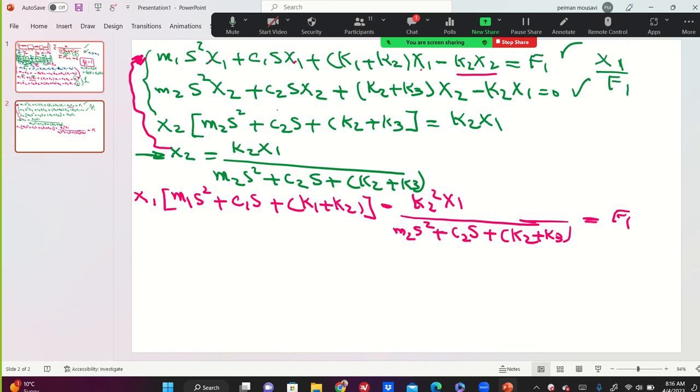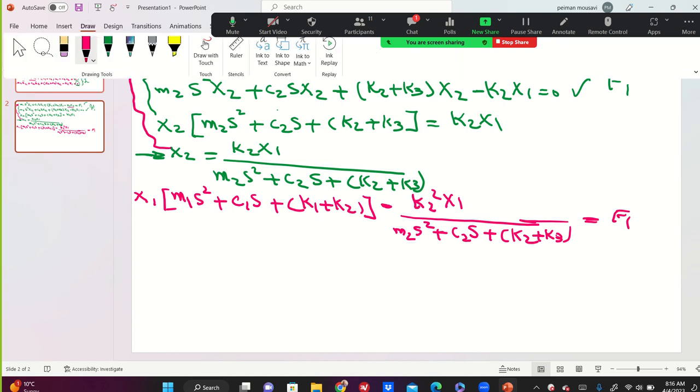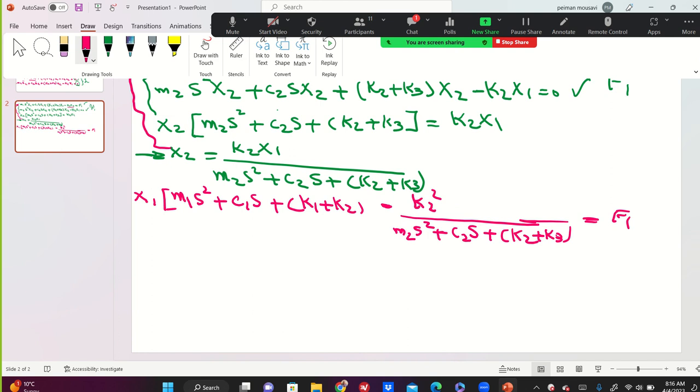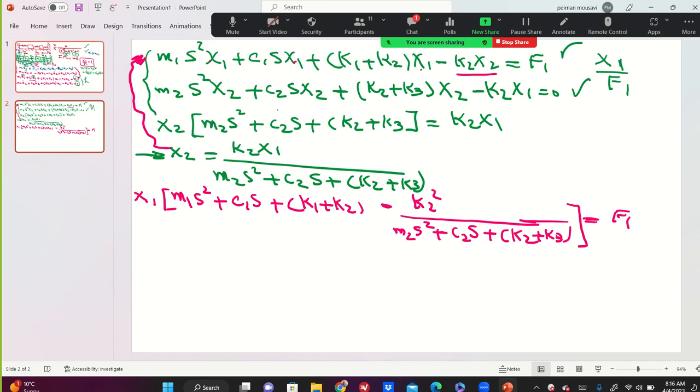Now we have that. I'm gonna remove this, and I'm gonna remove this because x1 is there. I'm gonna put it here. Here we go. Everybody agree?